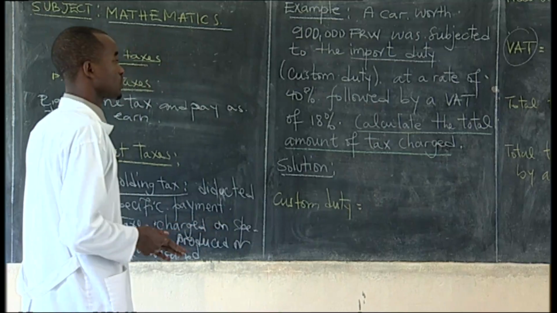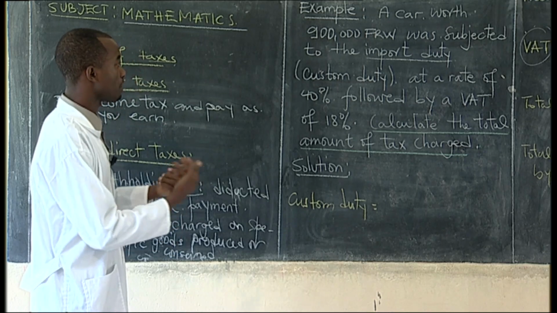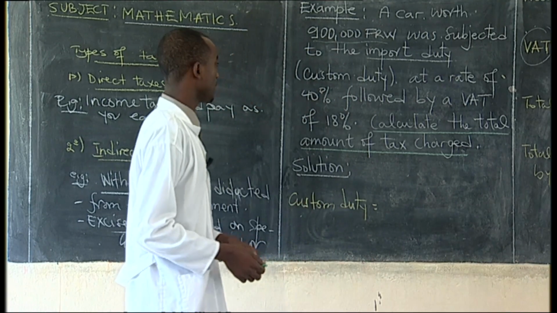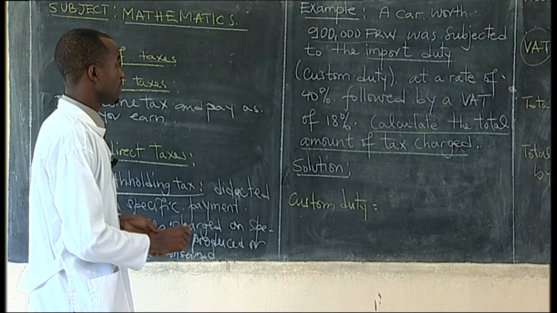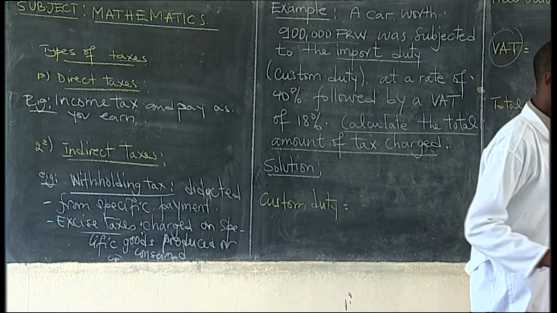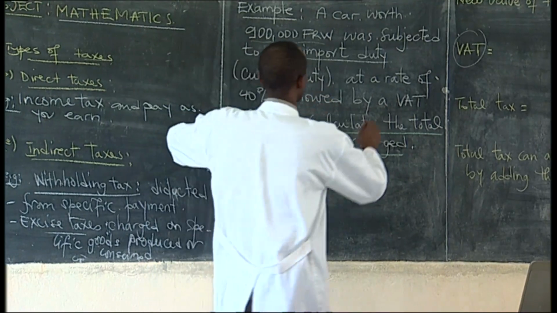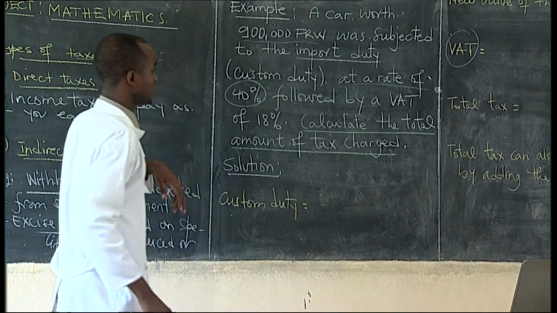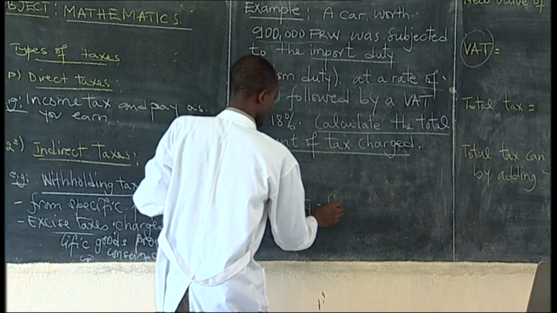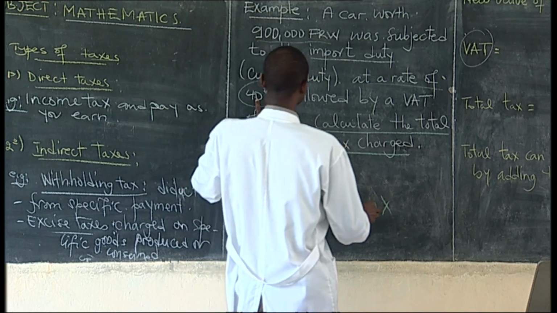So now, as you can see, we have a car, and it was subject to the import duty. The amount of money is 900,000, and we call it custom duty, as you can see over there. We need to calculate the custom duty at a rate of 40%. We take the money of this car, that's 900,000, and multiply by the custom duty of 40%.